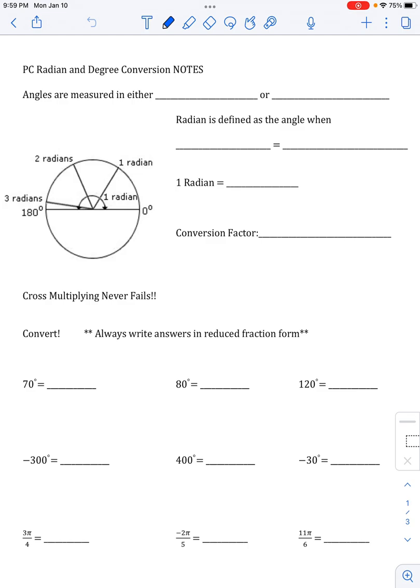They'll be super fun. Angles are measured in, and you know this already, either degrees, we talked about this a little yesterday, or radians. Not that many people know what radians really are. You know there's 360 degrees in the circle, so they're like little teeny tiny slices.